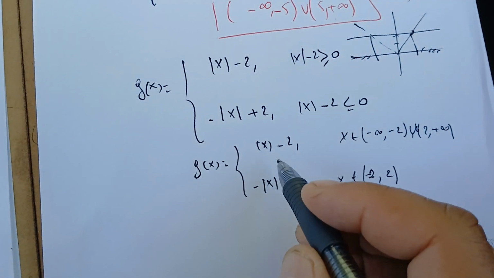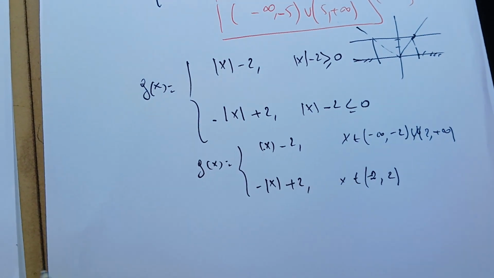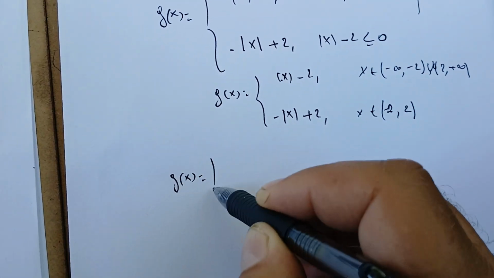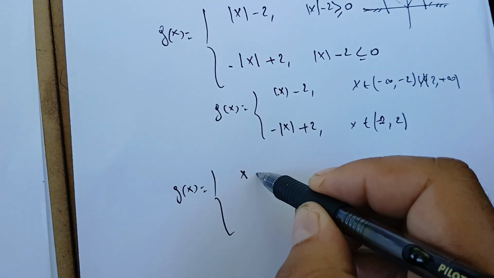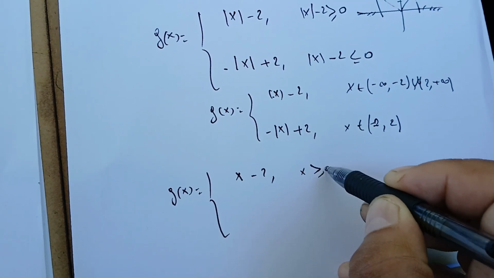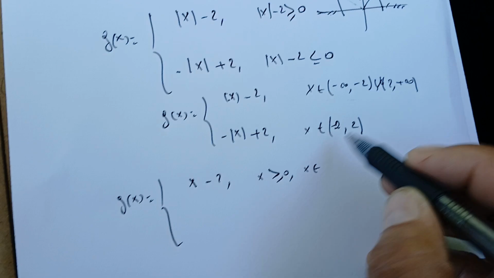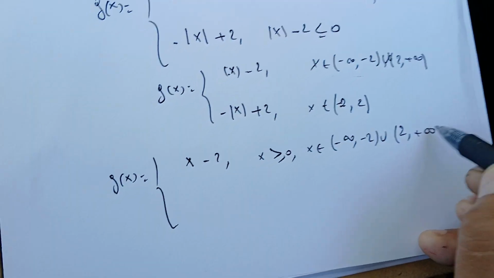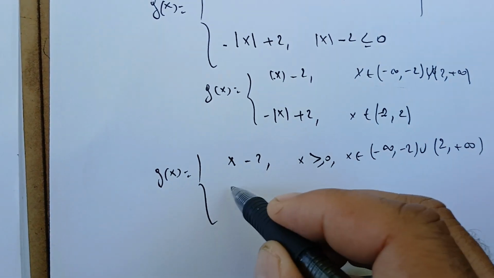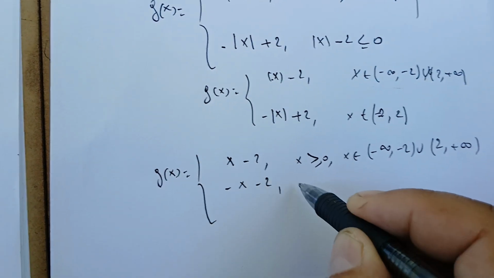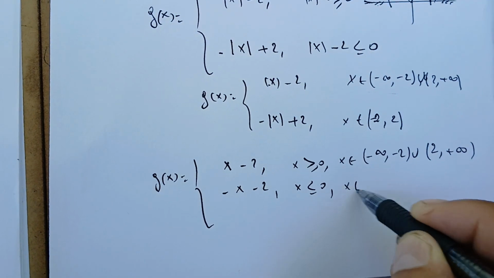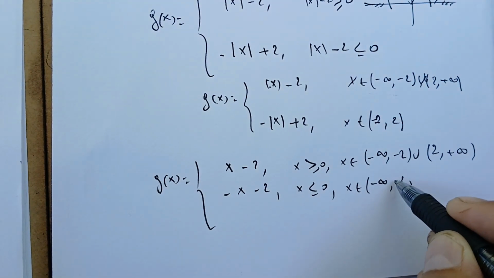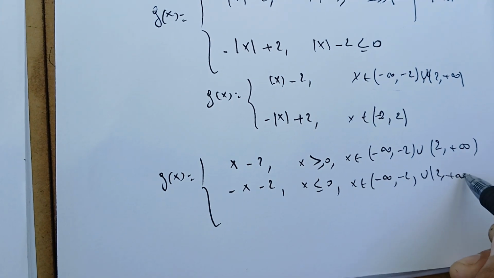Okay, now I'm gonna simplify this one. Okay, so let me write g of x again. So it's x minus 2 when x is positive and x is in this interval, minus infinity, minus 2 union 2, plus infinity. Okay, and it's minus x minus 2 when x is negative and x is in this interval, minus infinity, minus 2 union 2, plus infinity.